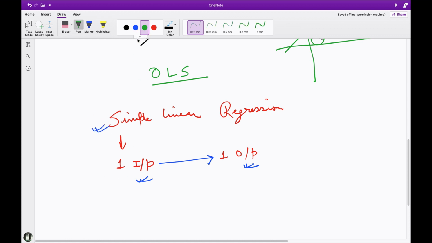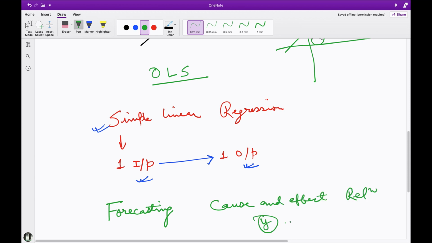In real time scenarios, this regression is used in forecasting. You come across weather forecasting in news, and it is also useful in analysis of cause and effect relationships, like why this y output is changing when x is changing. So these types of solutions these regressions provide.